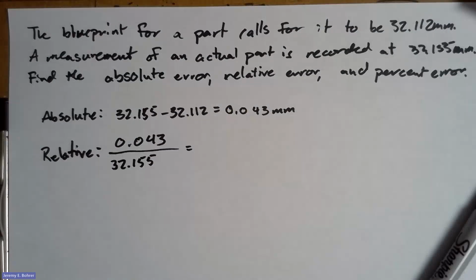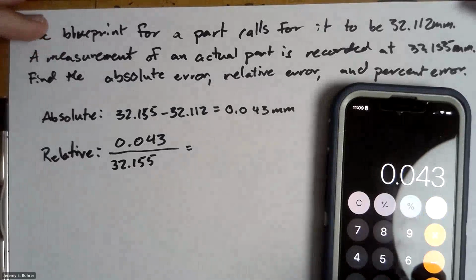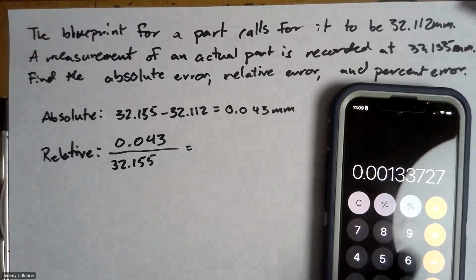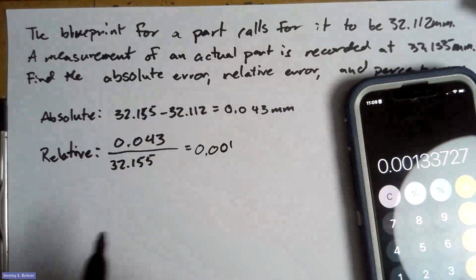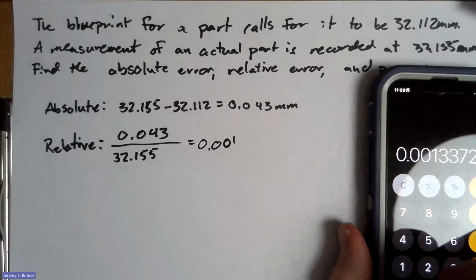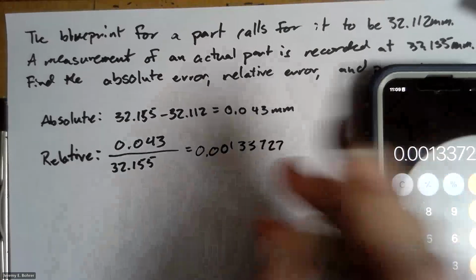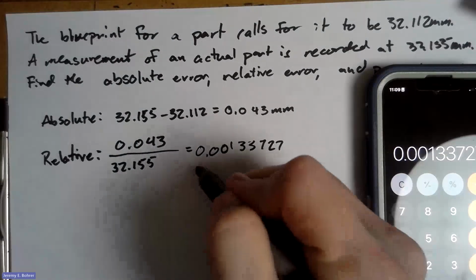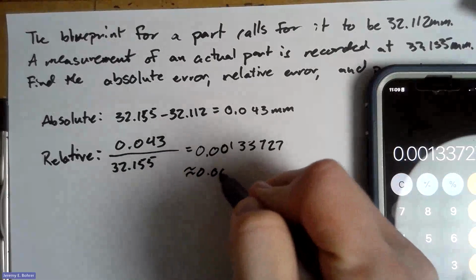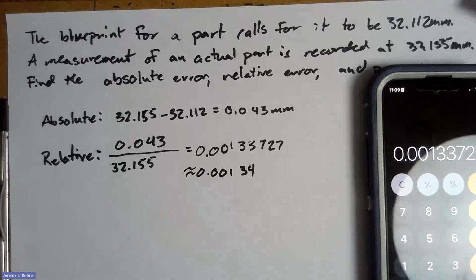If I plug that into a calculator, I get 0.001333727. We would probably round that to maybe 3 significant digits as 0.00134. Depends on what the problem is asking for.